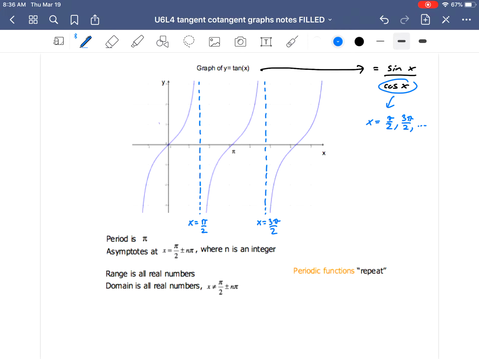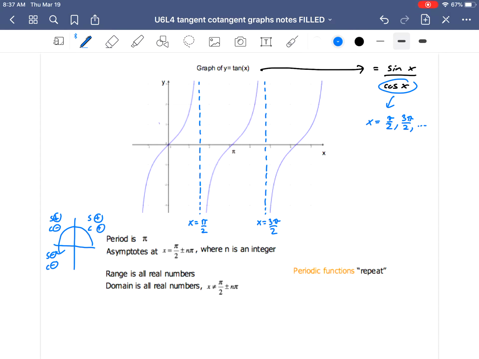If you want to think about another reason why that is, if we look at the unit circle and we're measuring an angle, here we have sine positive, cosine positive. In quadrant 2, we have sine positive, cosine negative. In quadrant 3, they're both negative.